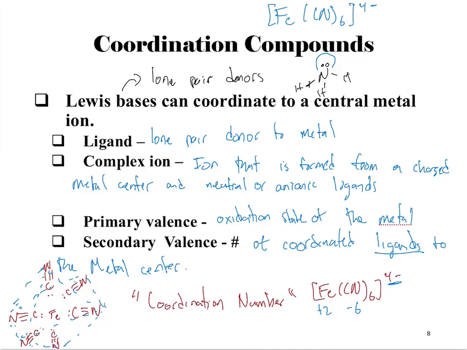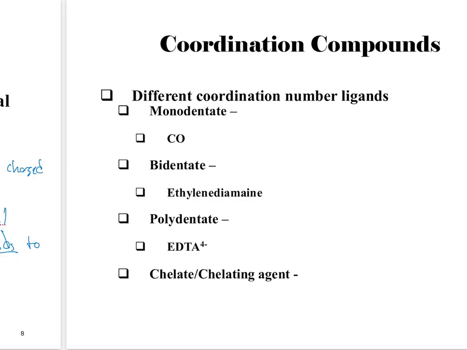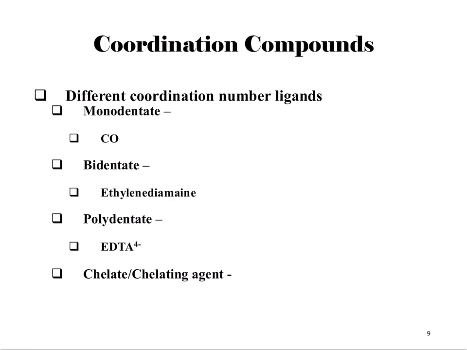That's just to give us a little bit of intuition. The secondary valence is the coordination number, the number of coordinated ligands we have. Primary valence is the oxidation state of the compound. And so we'll talk a little bit about the different types of coordination compounds, and we'll take a break right after that.